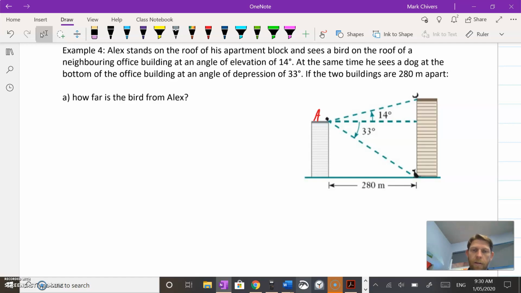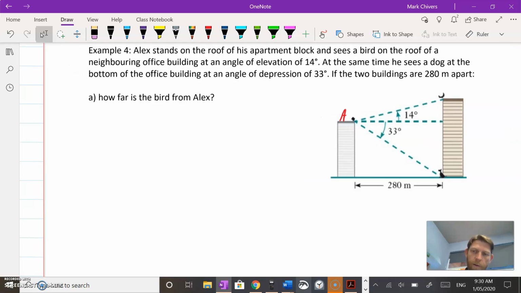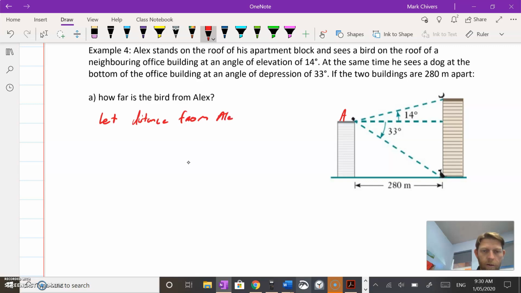So how far is the bird from Alex? Well, essentially, I'm going to say let the distance from Alex to the bird be x. So I'm going to say that's our x along there. That's the bit we want to know. That's the straight line distance between Alex and the bird.